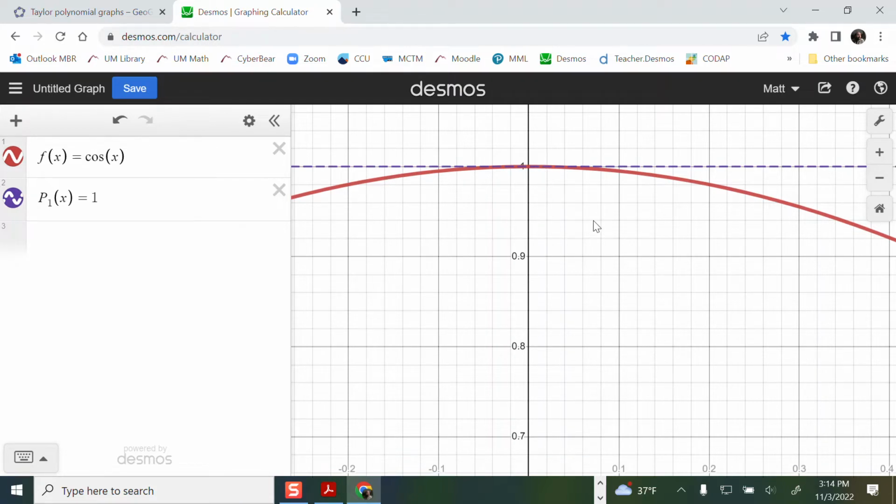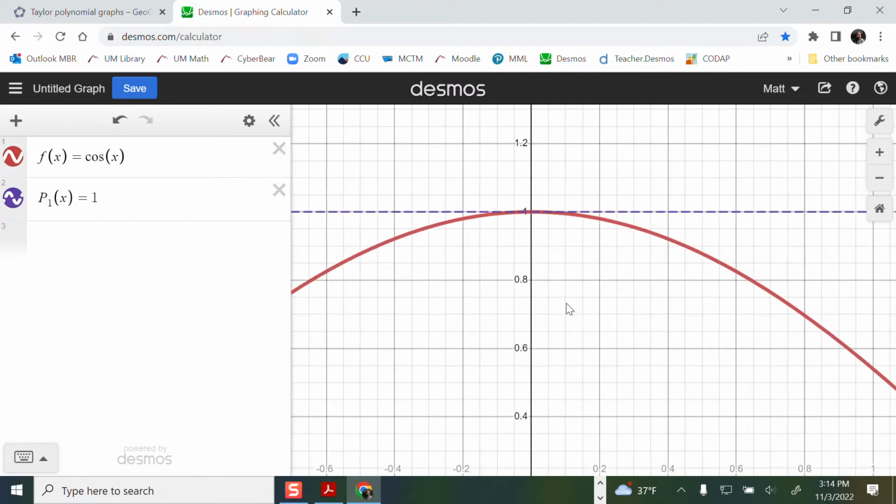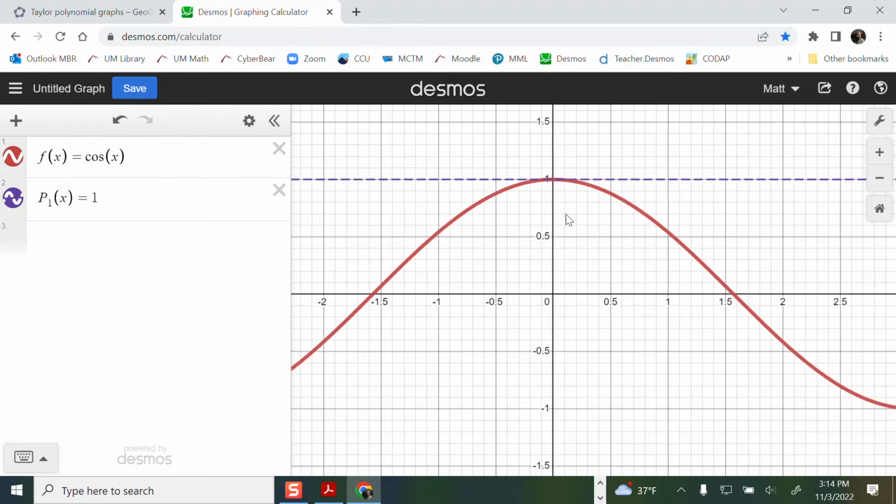I think I said x equals 1 last time, but x equals 0 is where we're at. Okay, we can see that this does well close to x equals 0, but not very well once we get further away. So we'd like to improve it, and that's where we go next.